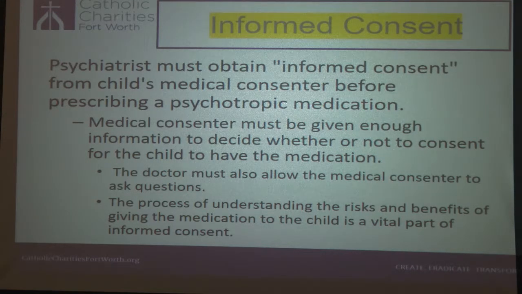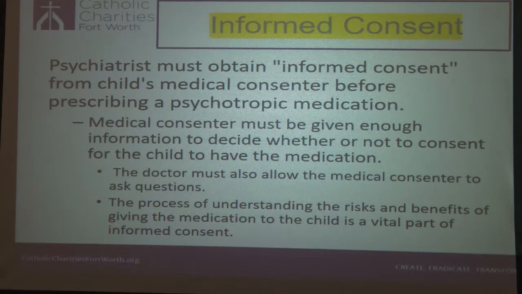Psychiatrists must obtain informed consent from the child's medical consenter before prescribing a psychotropic medication. That's why you need to explain what's happening and have all of this documented, some of the activities, some of the actions. Some of it's just normal for a child that age, and some of it is outside of that. So you want to make sure that this is happening before a psychotropic medication is given.